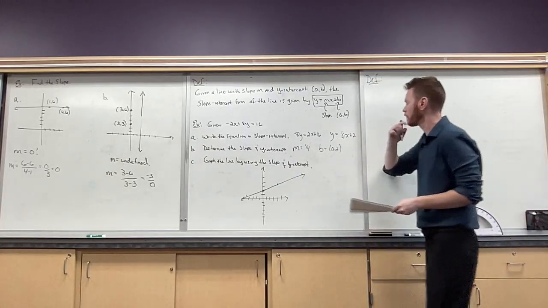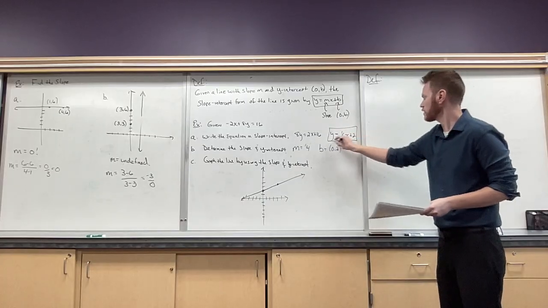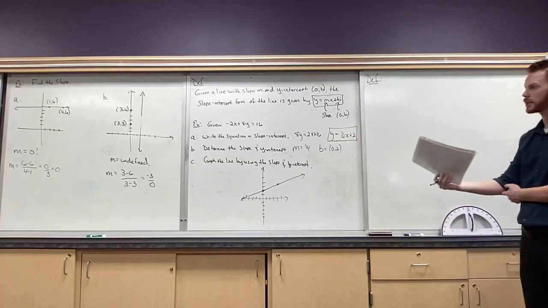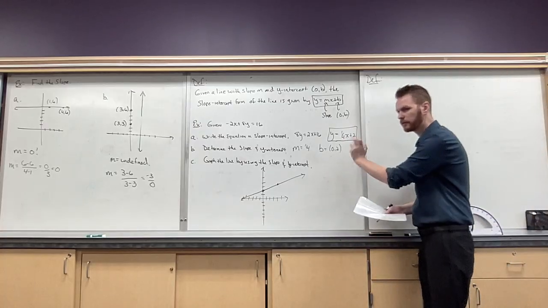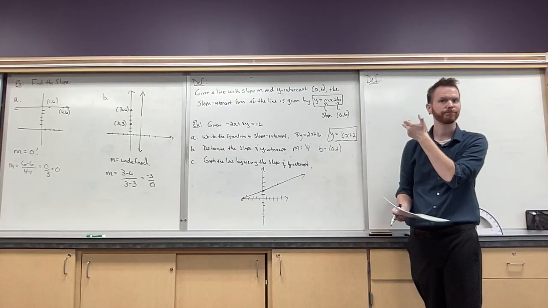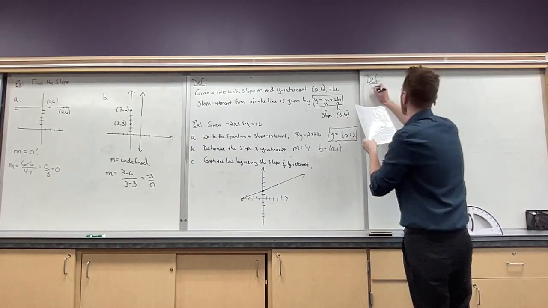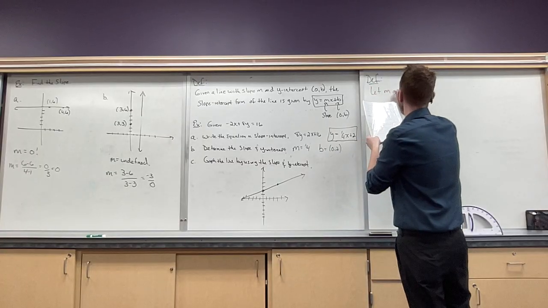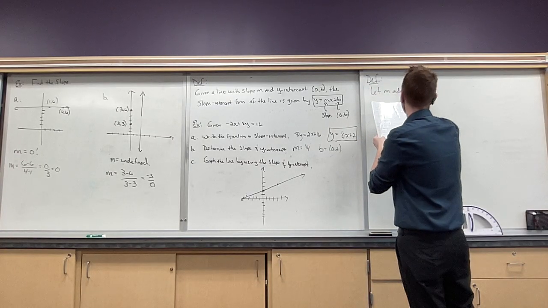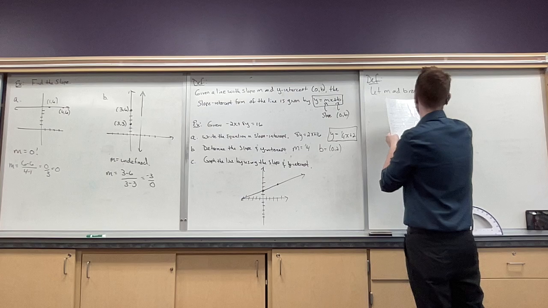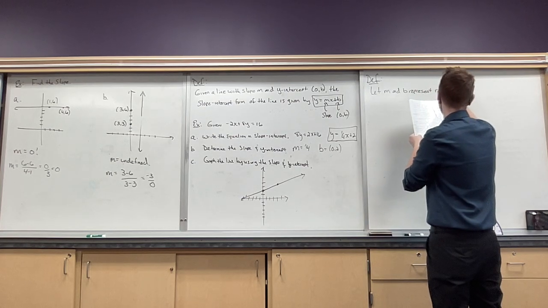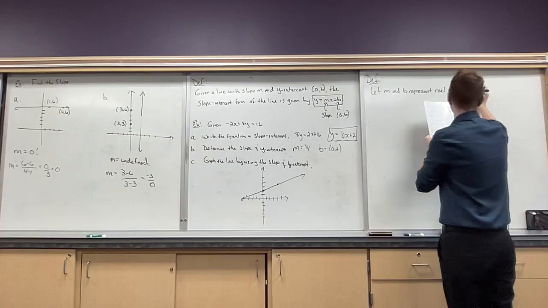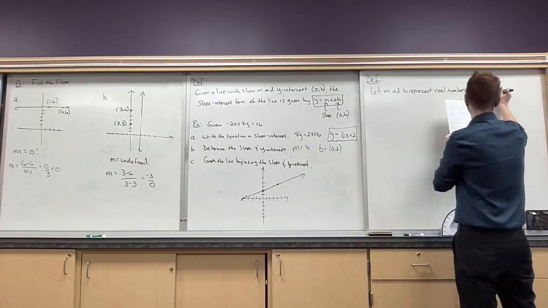What we could do is take this guy, and in the last lesson we talked about functions, right? So we could take this and now flip it to some function notation. Let's do that next. So let's let m and b represent real numbers where m is not 0.